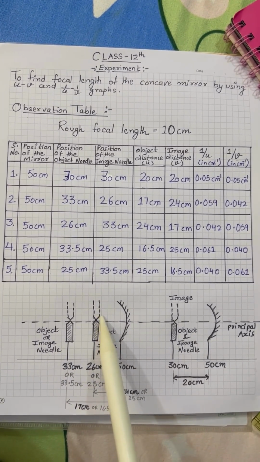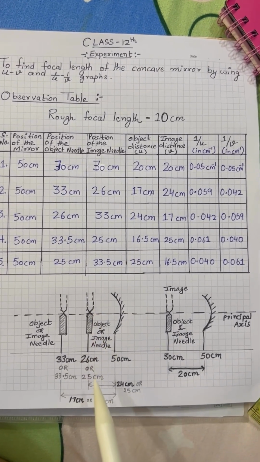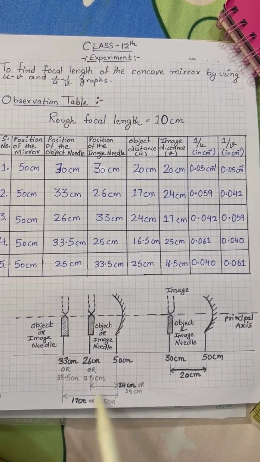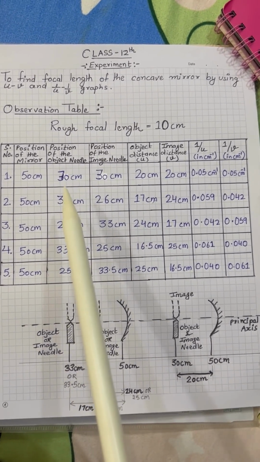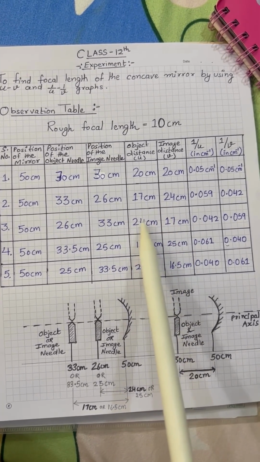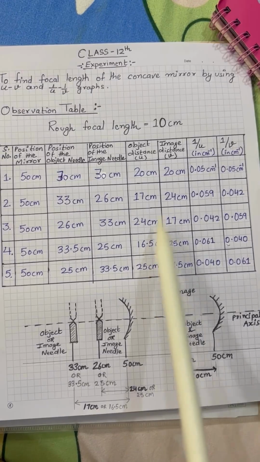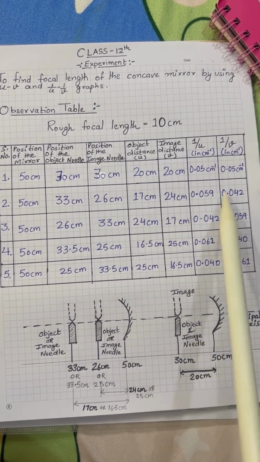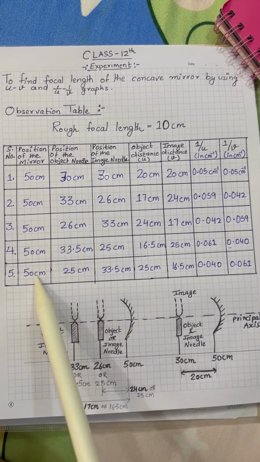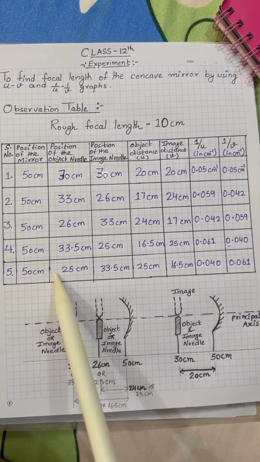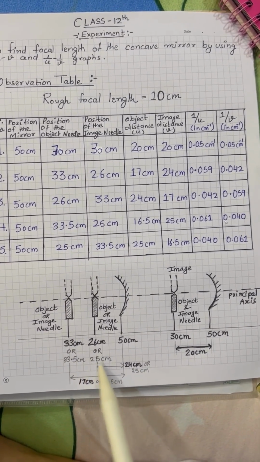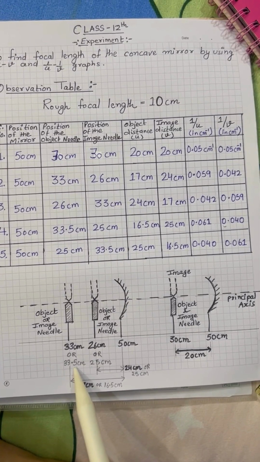as shown here. Both the needles will serve the purpose of image needle as well as object needle. Then for one more setting, another set of readings is obtained where u and v are 16.5 centimeter and 25 centimeter, and again these readings can be interchanged to get one more reading, and 1 by u and 1 by v is calculated in every set of readings as shown here.